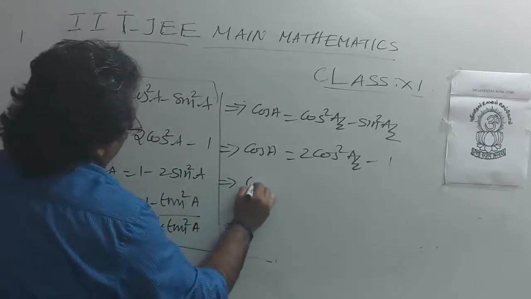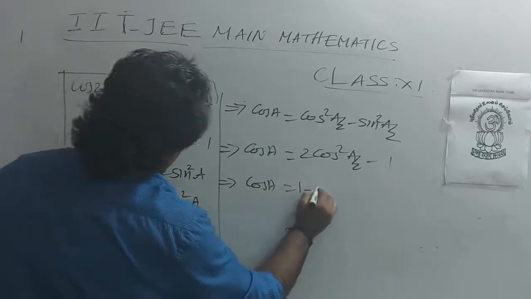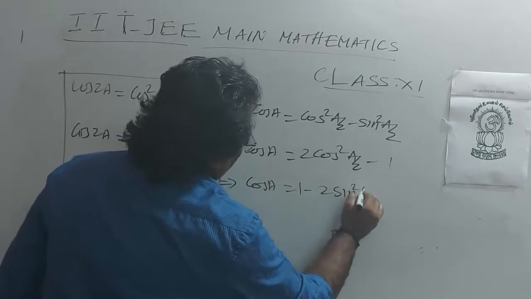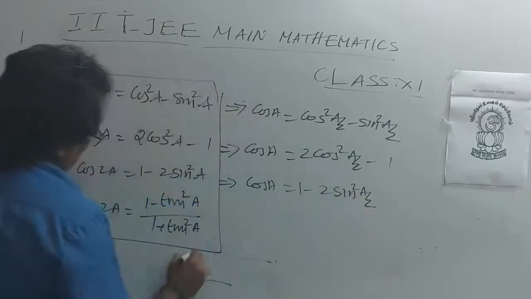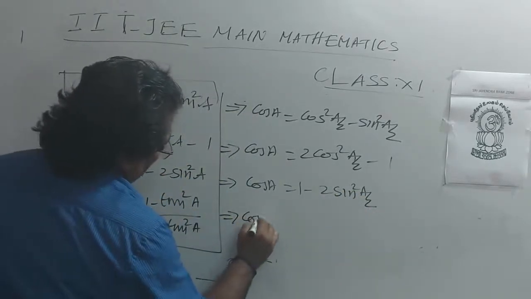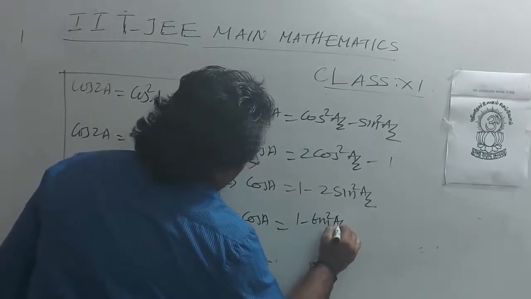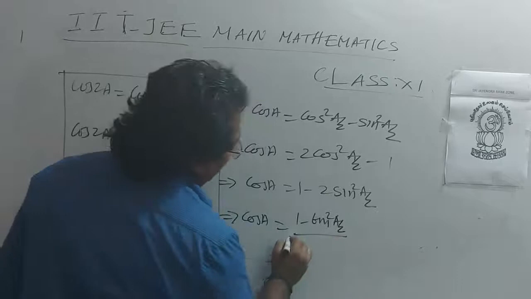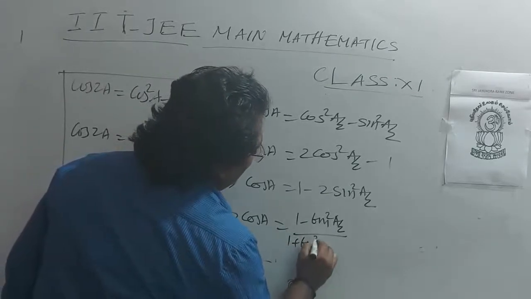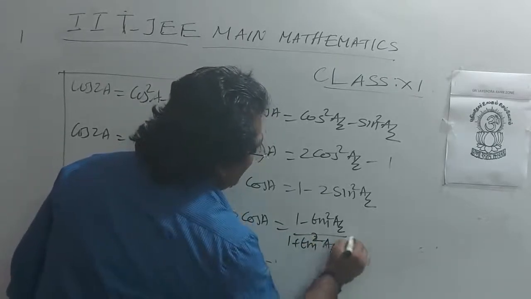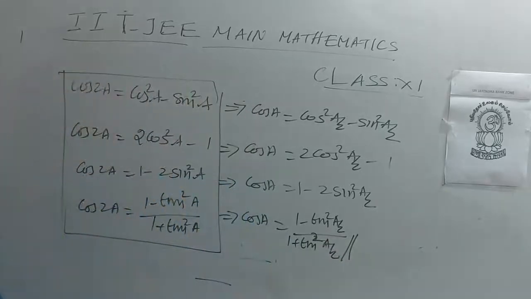From this, cos a equal to 1 minus 2 sin squared a by 2. From this, cos a equal to 1 minus tan squared a by 2 by 1 plus tan squared a by 2.